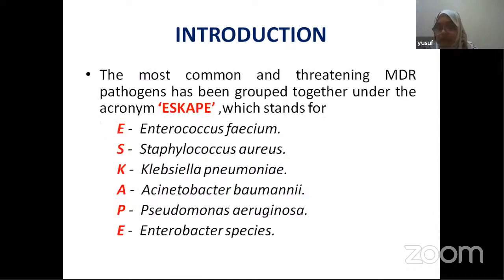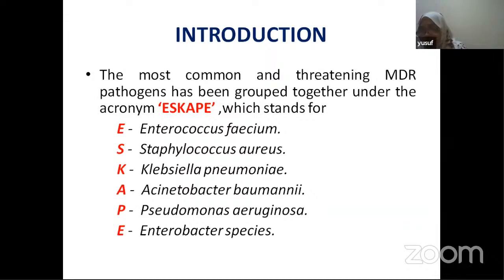ESKAPE is an acronym which stands for Enterococcus faecium, Staphylococcus aureus, Klebsiella pneumoniae, Acinetobacter baumannii, Pseudomonas aeruginosa, and Enterobacter species. These organisms have been put in one category because they all have more or less the same kind of capacity.